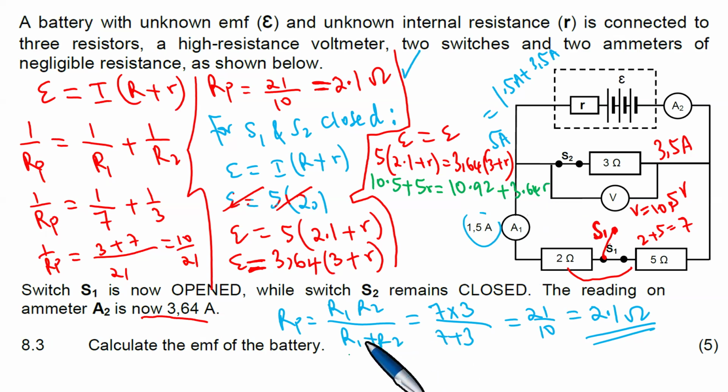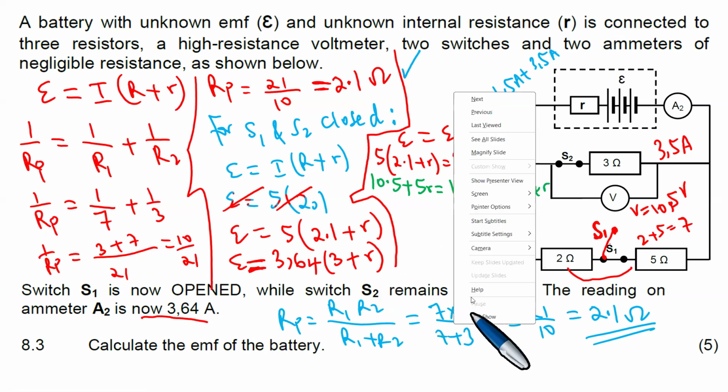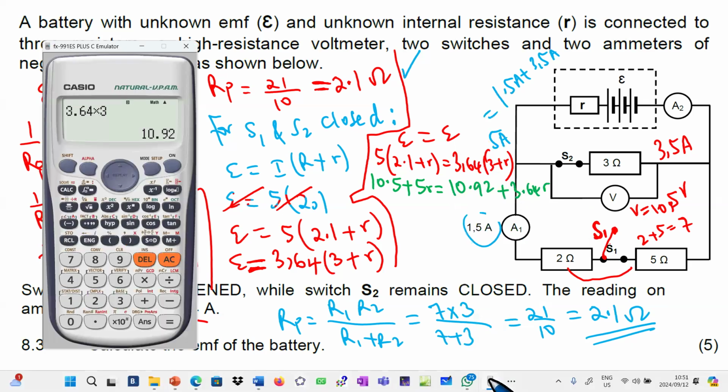Let us continue here with this and say, what then are we going to have? Then we have the 5R minus 3.64R.